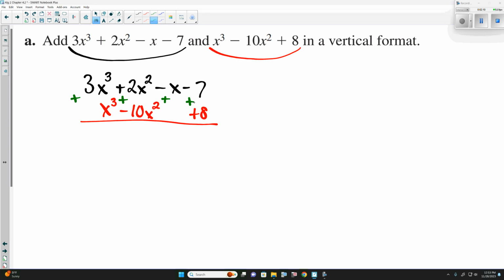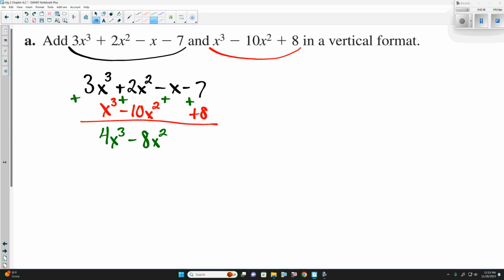So the first thing we're going to add is 3x cubed and x cubed. 3x cubed plus x cubed is 4x cubed. Then we move over. 2x squared plus negative 10x squared. 2 plus negative 10, 2 minus 10 is negative 8x squared.